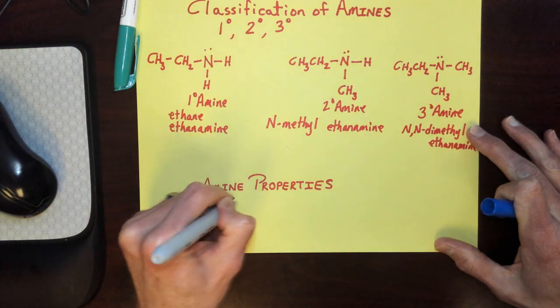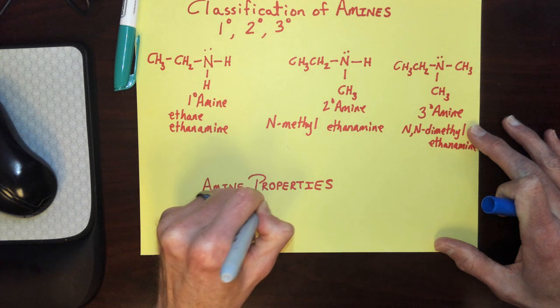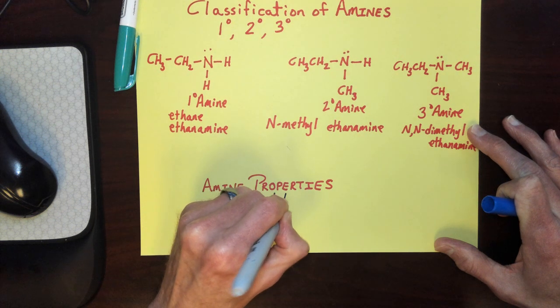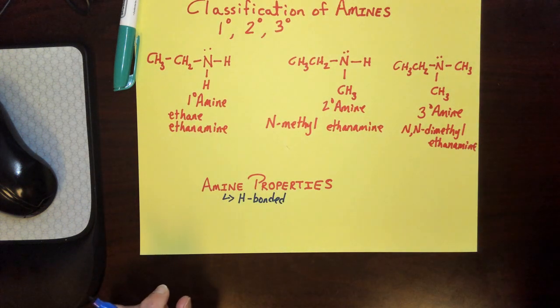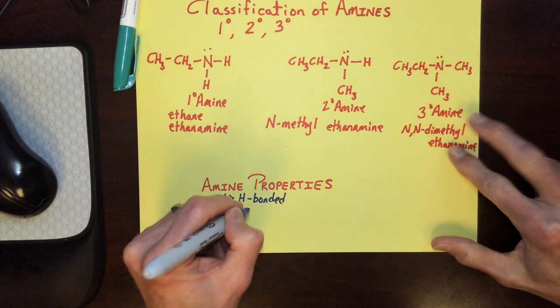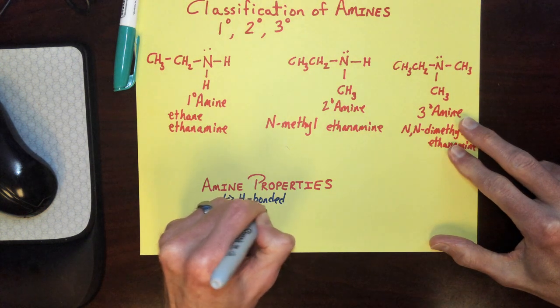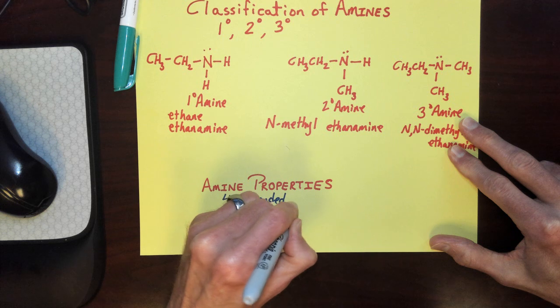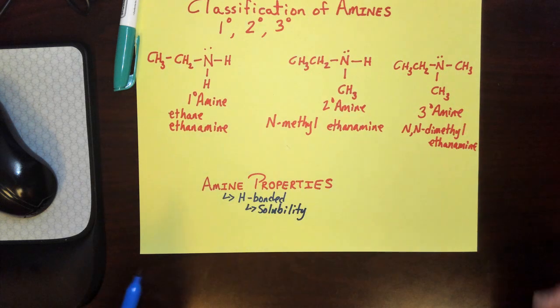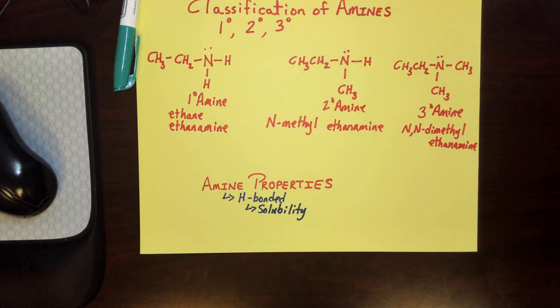And that influences solubility in water, lack of solubility in nonpolar solvents, so solubility. That also relates then to boiling points, melting points, freezing points, things of that nature. Well, when we have the presence or absence of hydrogen bonding.